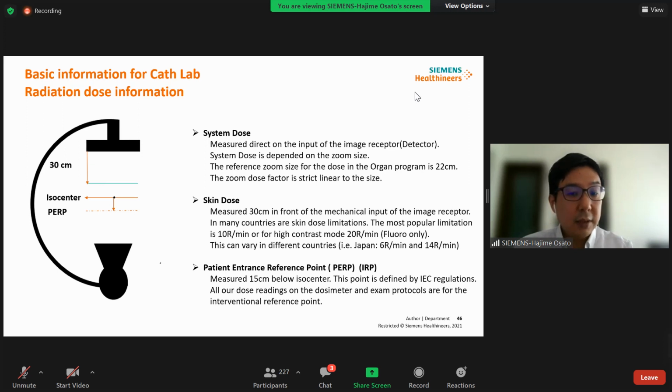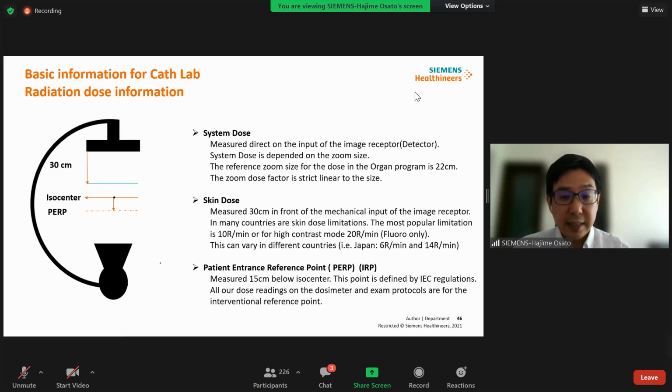The last one is the patient entrance reference point, called PERP. This point is set 15 centimeters below the isocenter. This value is defined by IEC regulations, so this point is common and applies to any angio system, even if the vendor changes.